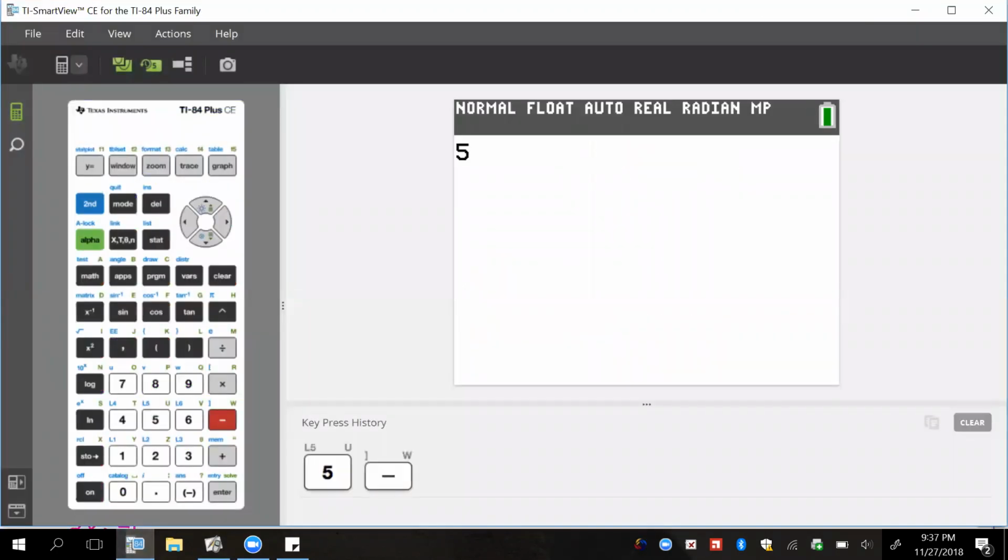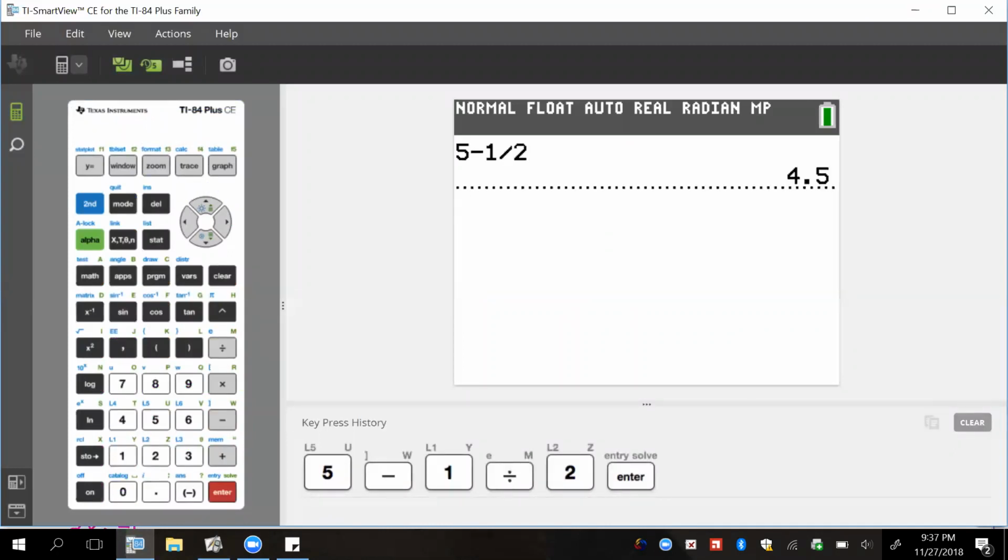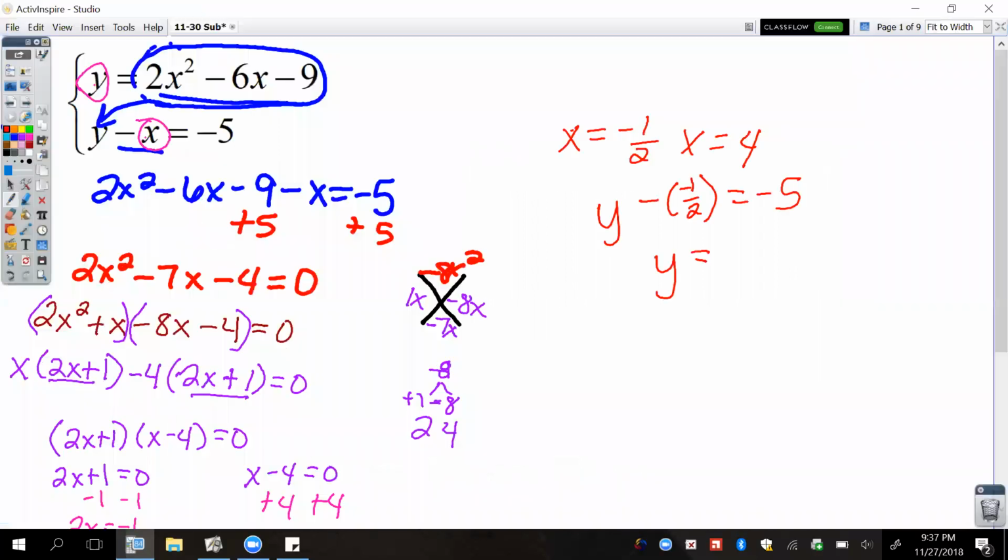So I'm going to do 5 minus 1 divided by 2 equals 4.5. That gives me a solution point. So my solution for 1 is the point negative 1/2, comma 4.5. And because those are nice decimals, that's fine.